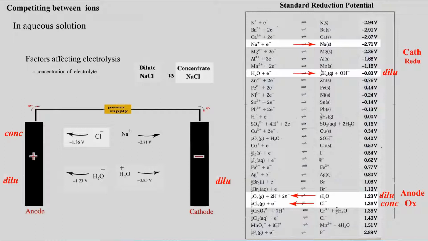Now look onto the standard reduction potential table. Look at the values of water and chloride. They are very close, one next to each other. And being so close, if you have a high concentration of chloride, it can make chloride win. So in a concentrated situation, the winner at anode is going to be chloride.